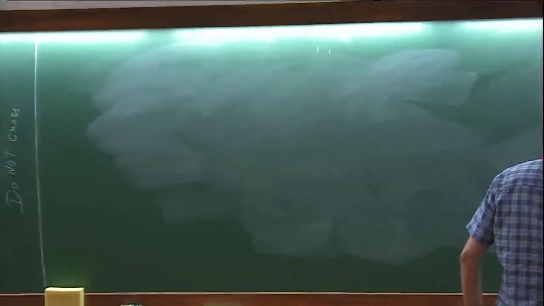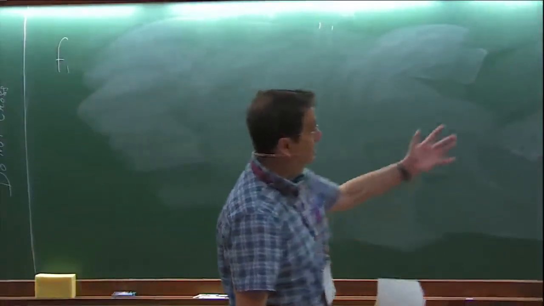I want to keep those. Okay, so F1. If our black box is F1, then actually there's nothing in it. It just goes straight through.